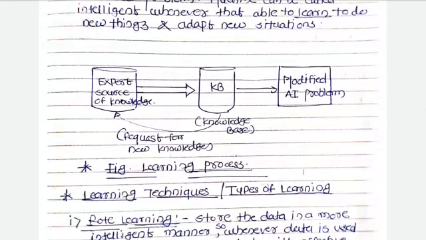If we consider a C program expert's knowledge base, it holds functions, programs, procedures, pointers, files, strings, all this expertise taken from experts in that programming knowledge. According to that, the modified AI problem is solved.